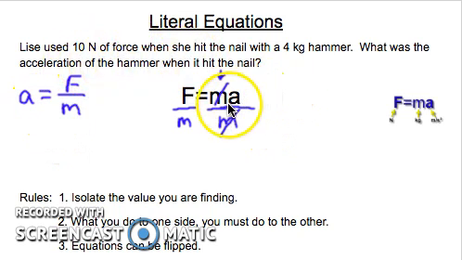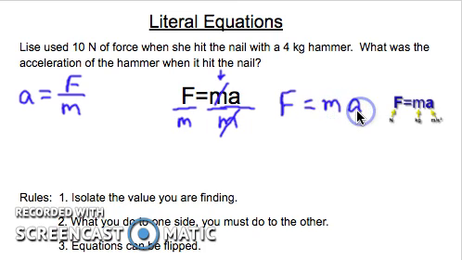What if you were solving for m? What if m was the value you were finding? Let's have the original formula here. How would you take this a away from this side? Since you're multiplying m times a, you would divide by a. Anything that you're multiplying by, you can divide by it to move it to another side. Remember, number 2, what you do to one side, you must do to the other.